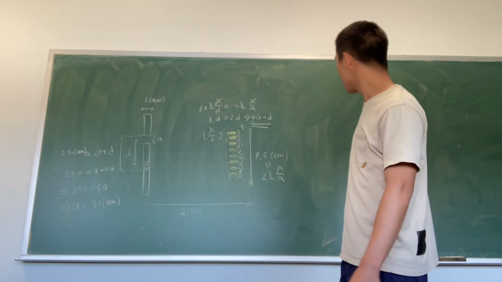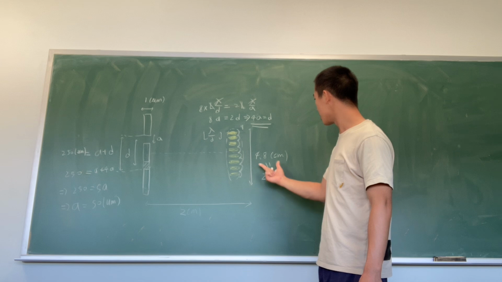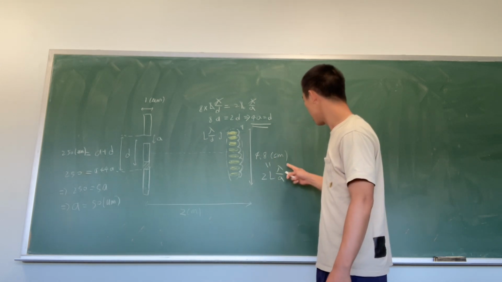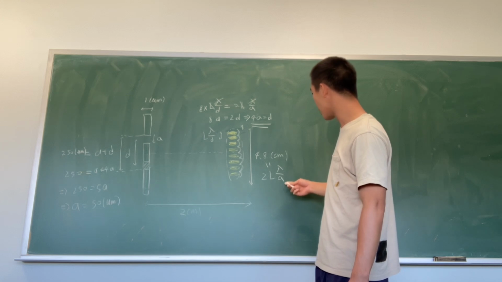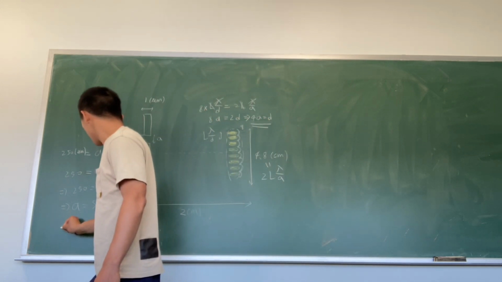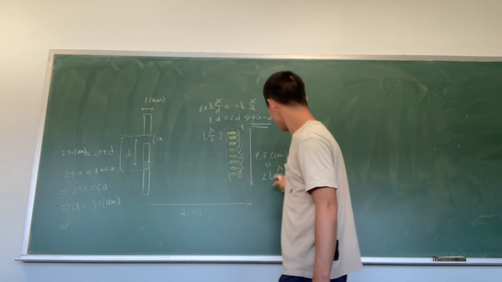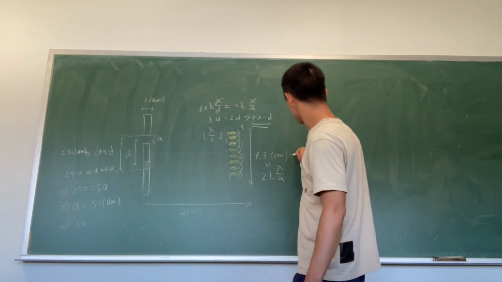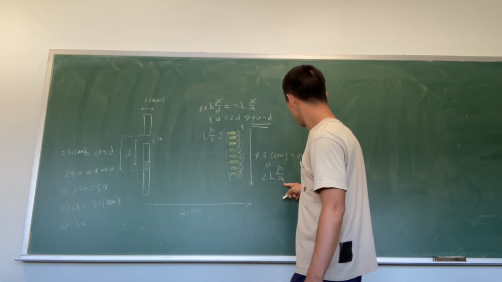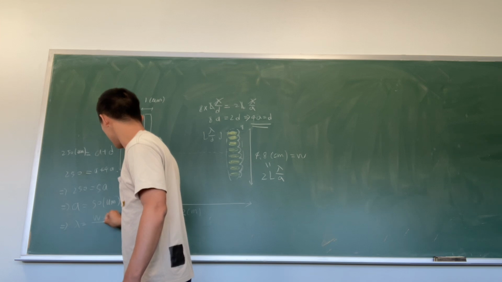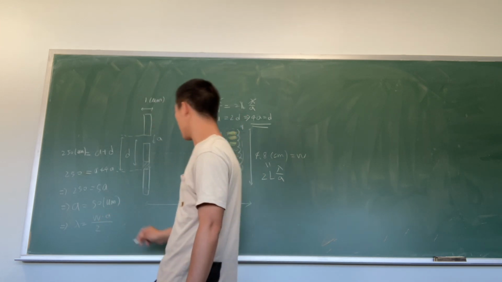And I also know the center bright spot is 4.8 centimeter, which equals 2 times L times lambda over A, with L being 2 meter, and lambda something that I can solve for now because now I have A. So I can move the things around. Lambda should be this thing, let's call it W, times A over 2L.